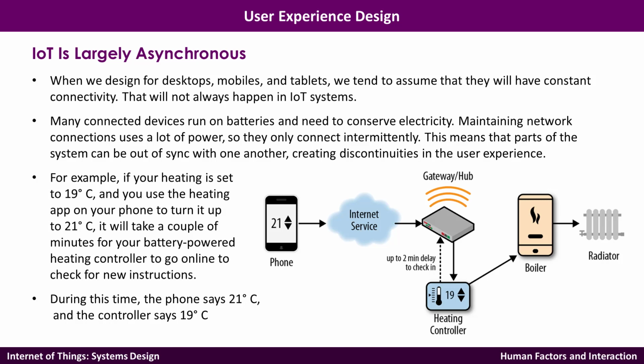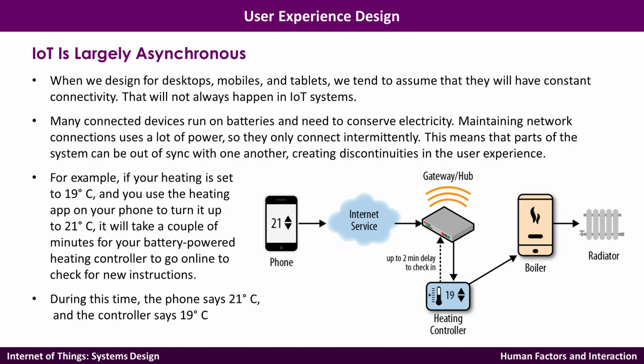Because of that, they need to conserve energy by reducing any potential network communication over the internet or locally within a local area network. One way to achieve this is by not connecting all the time, but periodically connecting to other system components and getting up to date by talking to each other.